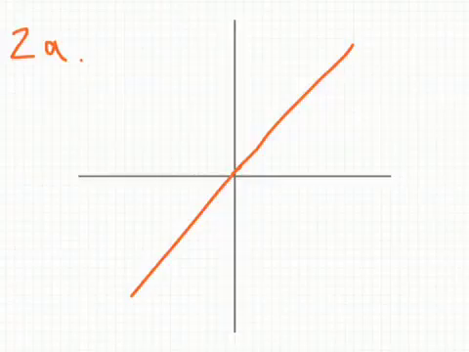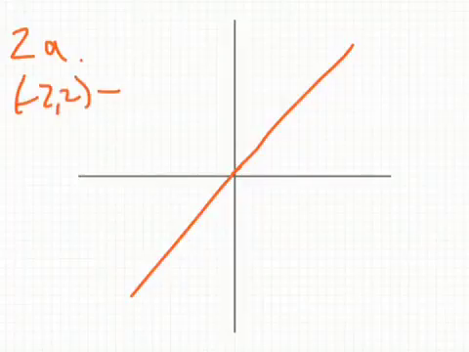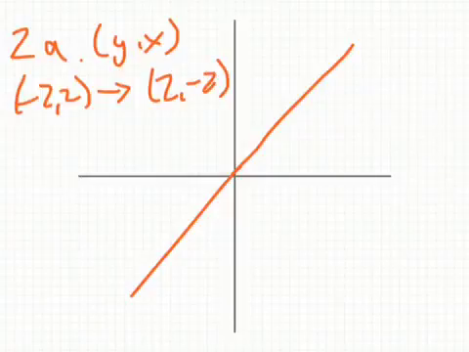Moving on, you can stop the video if you need time to think about it. For 2A, y equals x is that diagonal line. We're reflecting over it. So you need to take each of the points, for example, negative 2, 2. And the rule is (y, x), so you're really just flipping them: 2, negative 2. Each one you're just flipping.